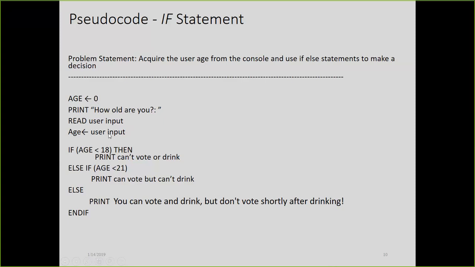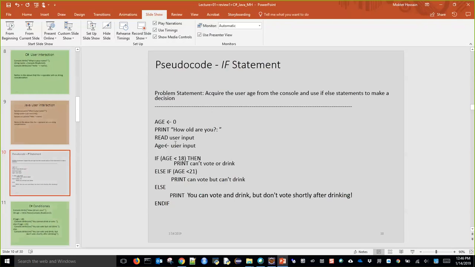Actually I see there is again an error over here, it should be an underscore. Whatever input you give will be given to your variable age. Actually this AGE should be in uppercase.